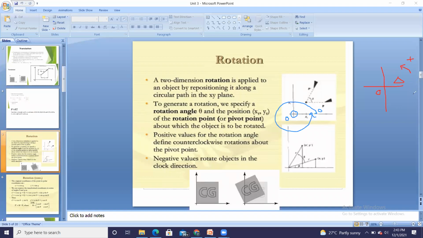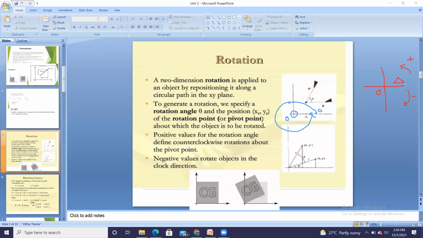Whenever we have anti-clockwise movement for rotation, it is considered a positive direction movement. And when we rotate the object in the clockwise direction, it is considered negative. So always remember, anti-clockwise movement is considered positive, and when clockwise movement is there, we consider it negative. Okay.